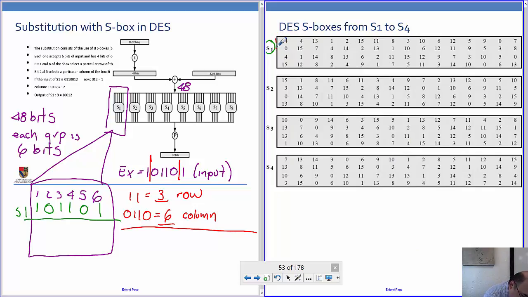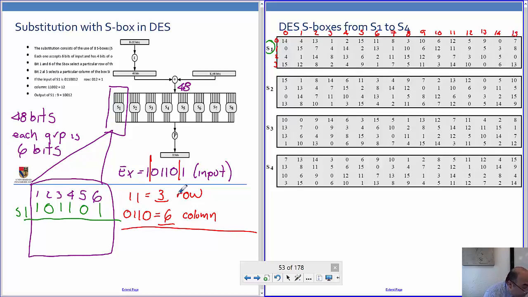The rows are 0, 1, 2, 3 and the columns are 0, 1, 2, 3, 4, 5, 6, 7, 8, 9, 10, 11, 12, 13, 14, 15.